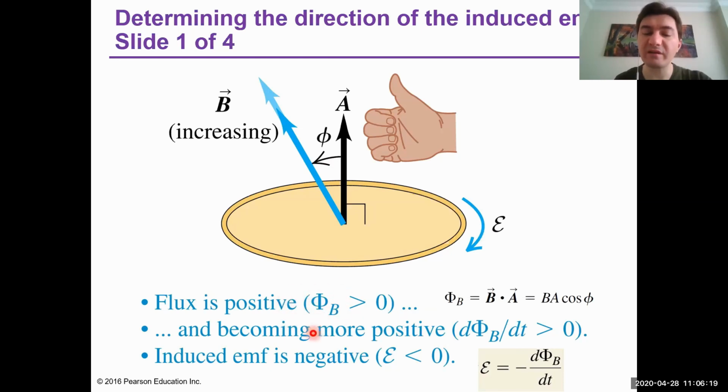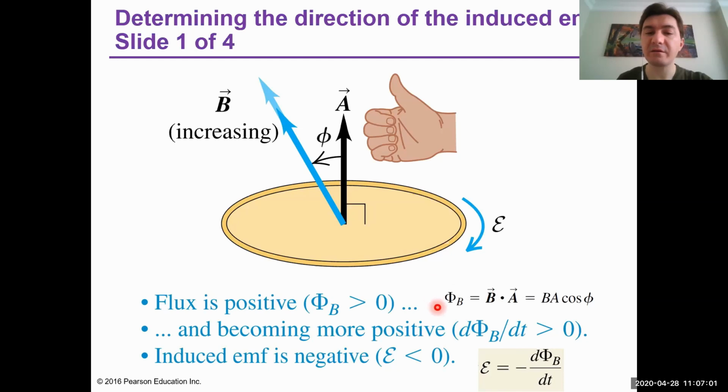Is the flux positive or negative? Flux is given by that expression, B times A times cosine phi. This is the B, this is the A, this is the angle phi in between. If phi is between 0 and 90 degrees, then cosine phi will give us a positive number, then the flux will be positive, if we have this phi angle.